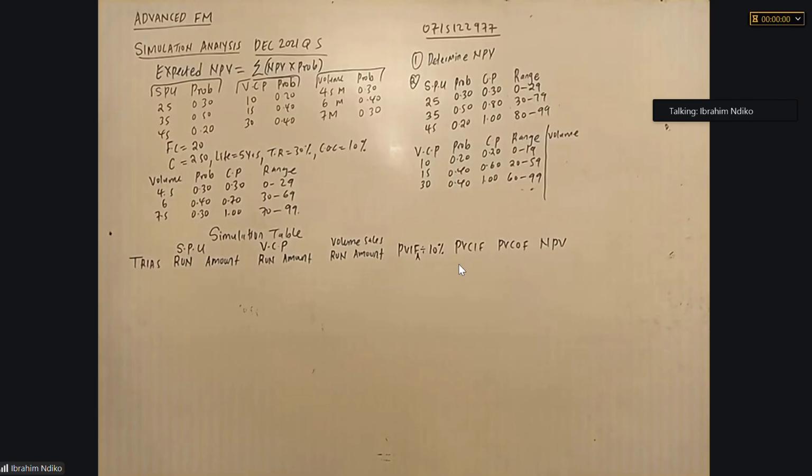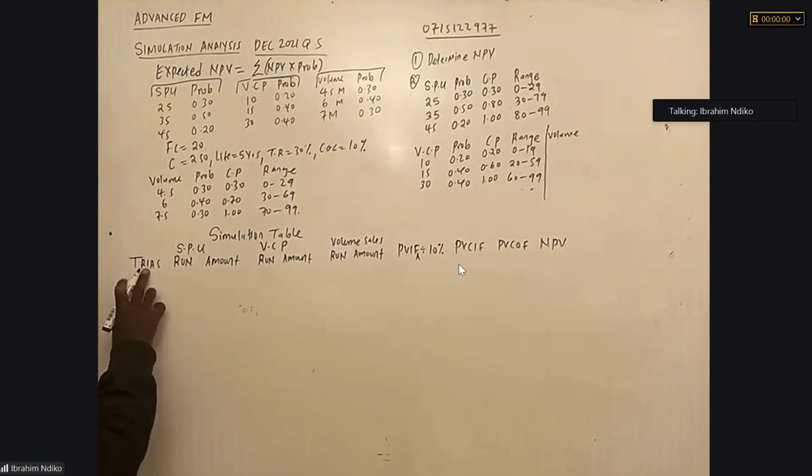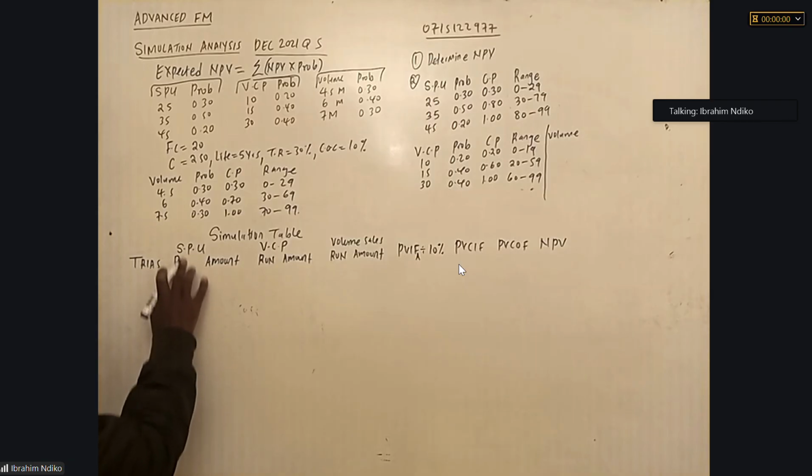So what you need to remember, the only thing that you need to remember, and this is very important, the variable yenye iko na distribution lazima ikuwe na run na amount. Uko sawa? Not run, range. It's supposed to be range.